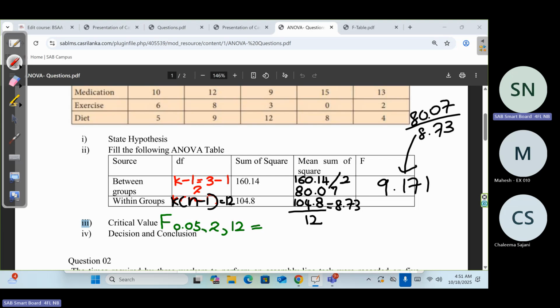5%, 2 and 12. Okay, then based on the level of significance, we select the table. Then find out 2 and 12. Table again, here the critical value.